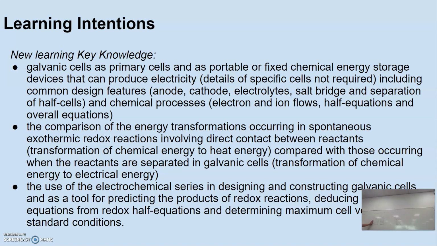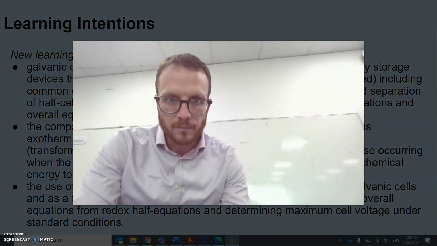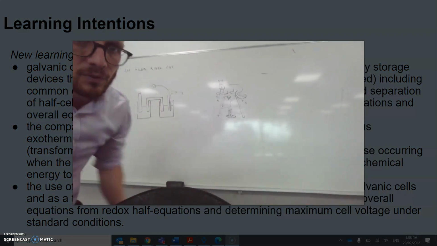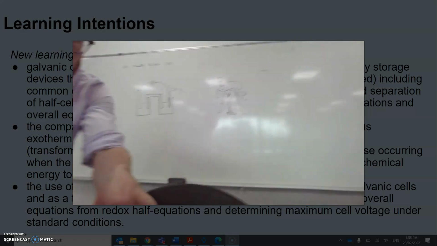So let's have a look at a typical galvanic cell here. We had in your holiday work, this looks slightly different. So this looked a bit like this. Right, so when we use gaseous reactants, right, we're going to use a platinum electrode. If I make that larger, right, so hopefully the recording of this can see what I'm doing on the board.